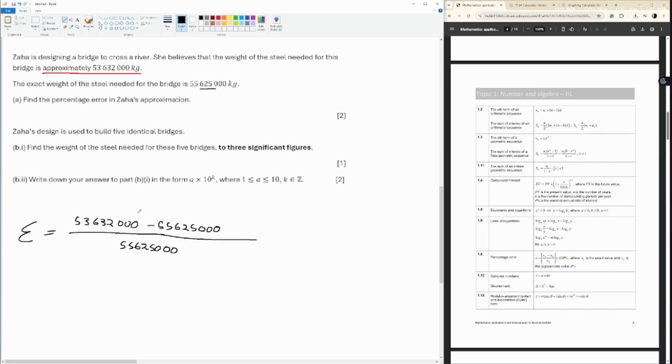And of course you have to get the brackets in and also times it by 100%. So we can go to our calculator.